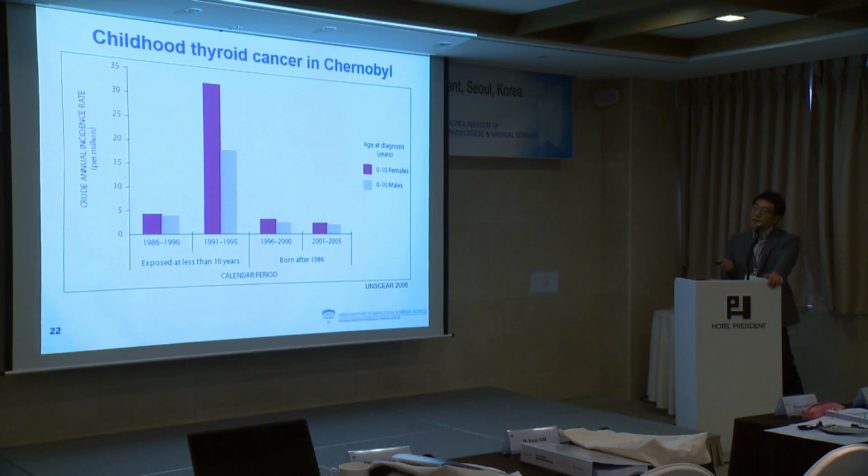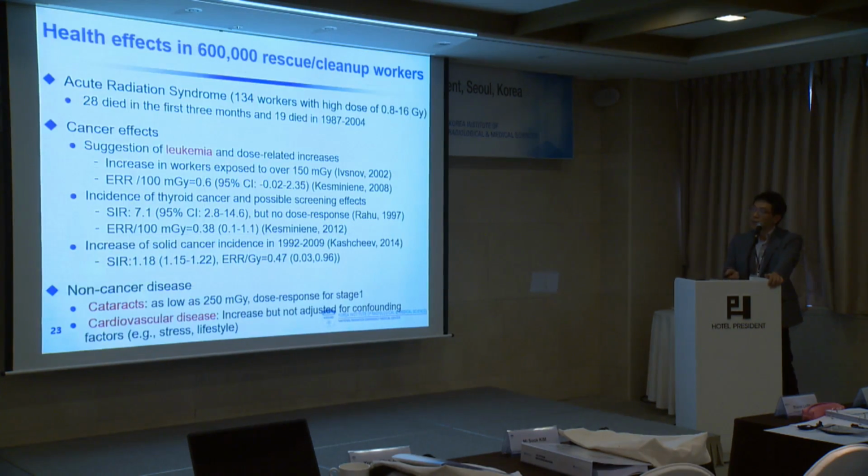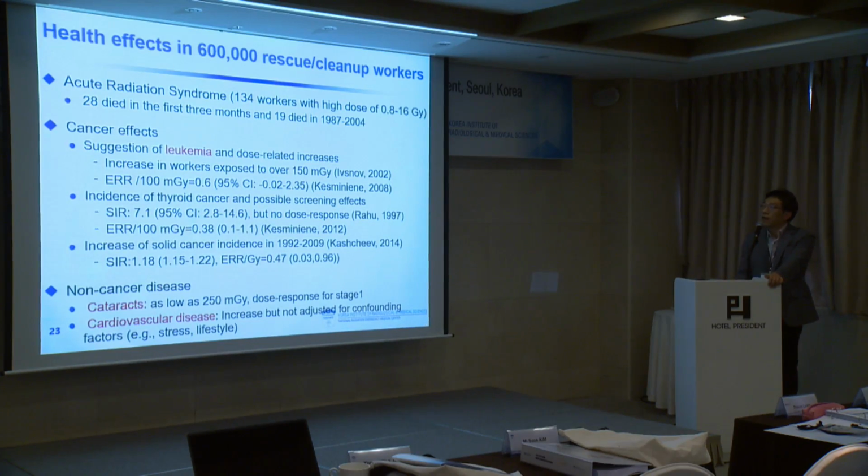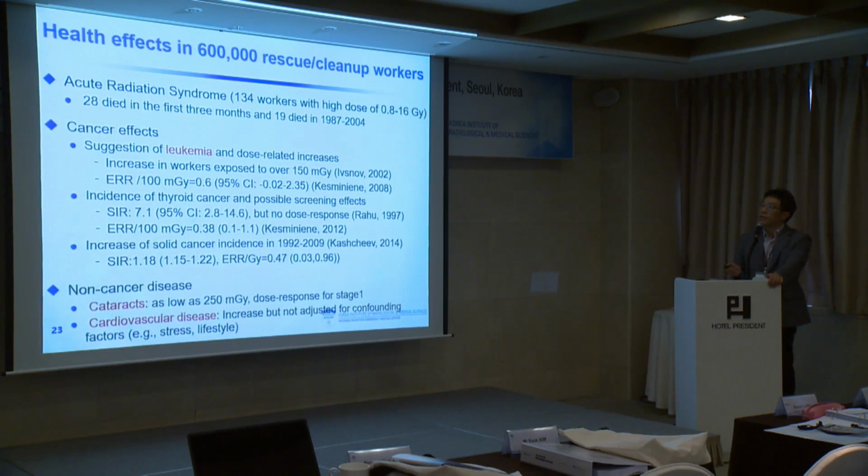So this is a simple graph. The Chernobyl accident happened in 1986, and 4 or 5 years later, childhood thyroid cancer increased, and females are at higher risk than males. Let's look at the health effects for cleanup workers.